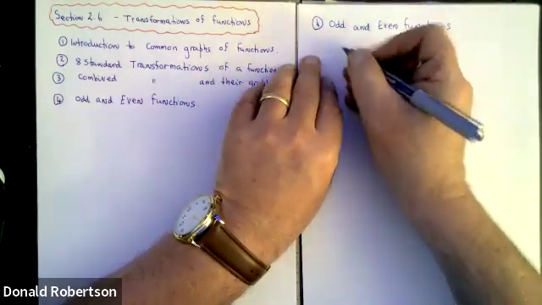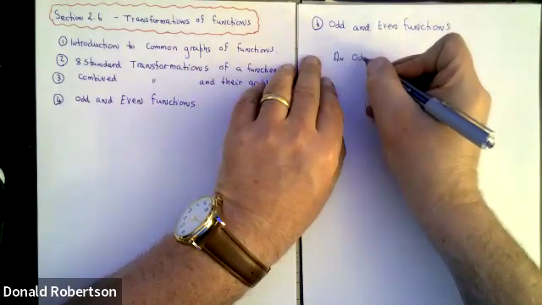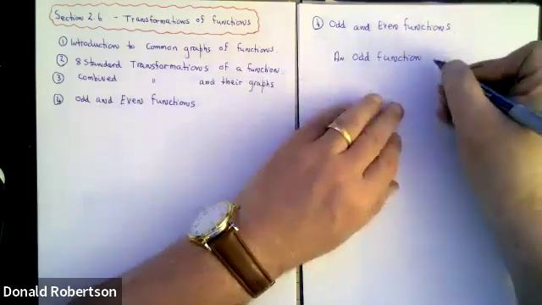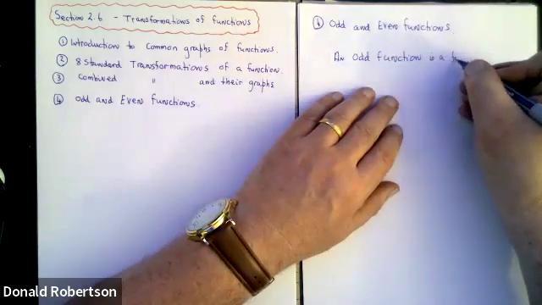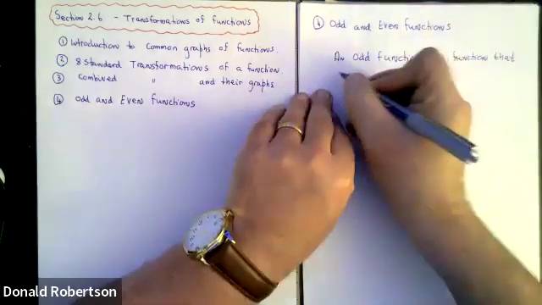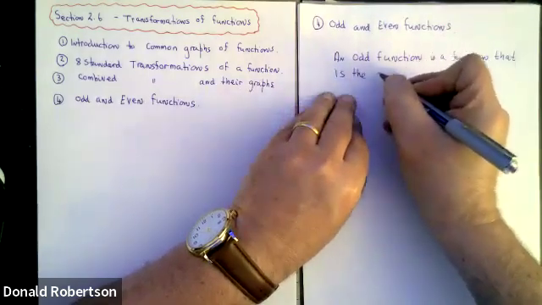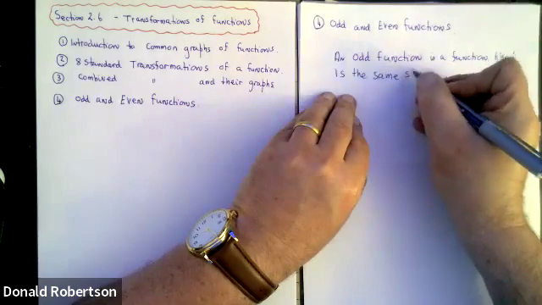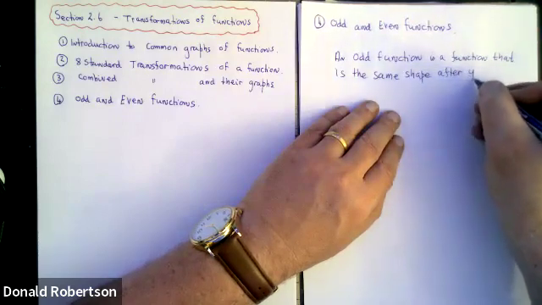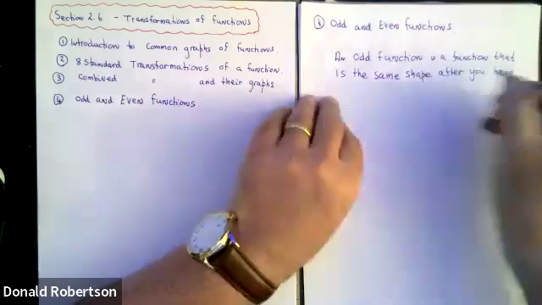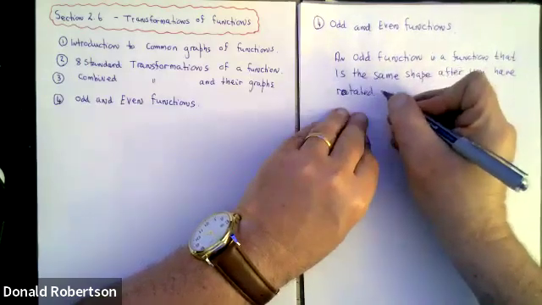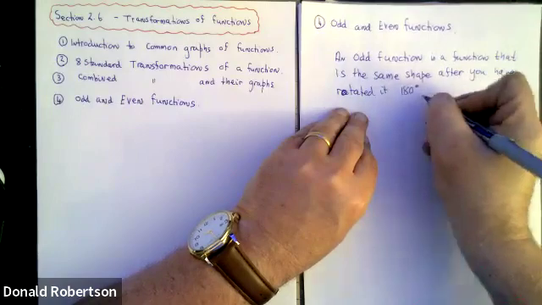So let's start off with the definition. An odd function is a function that is the same shape after you have rotated it 180 degrees.